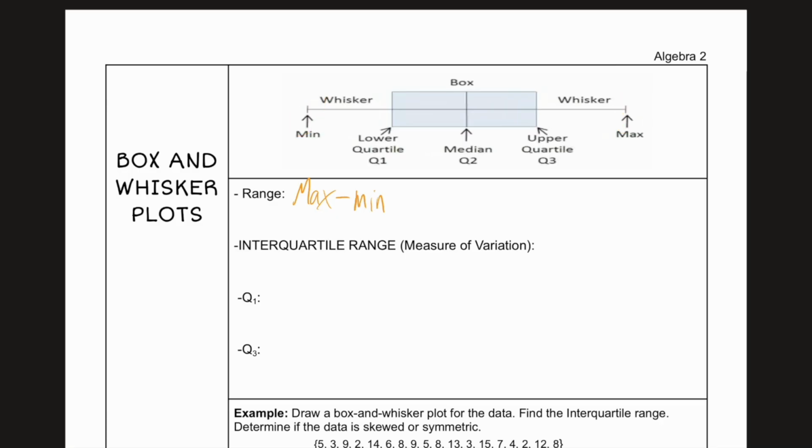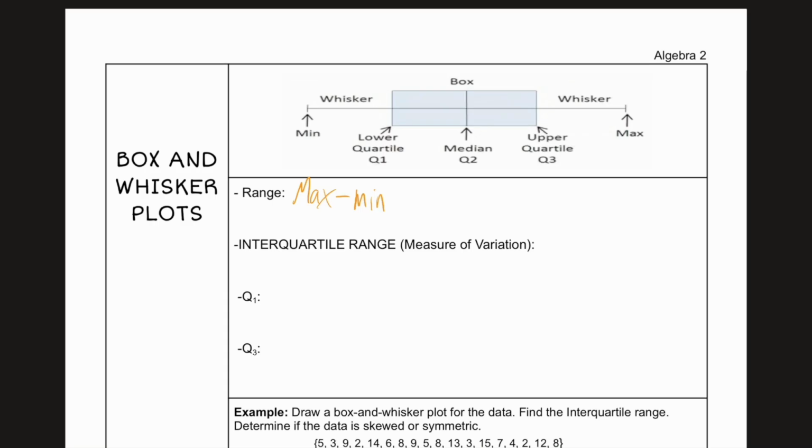And then interquartile range. Well, before we get to that, actually, let's first talk about quartile 1 and quartile 3. So quartile 1, that's defined as the median of the first half of the data.